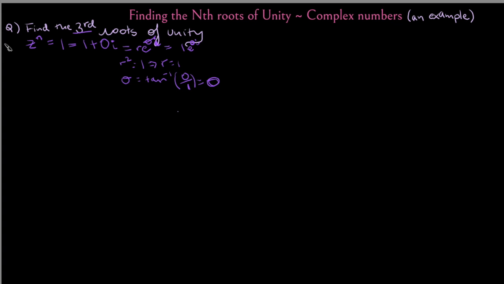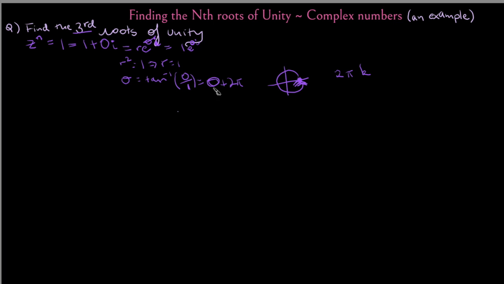Okay, so we've written it out this way, but note that we could add 2 pi to this and this would still hold true. That's because if this is our value, we're going to go around the circle 360 degrees and we'll still land on the same point. In fact, we can go around the circle twice and we'll still land on the same point. So that would be 2 pi k, because you can go around the circle k times and we'll still land on the same point.